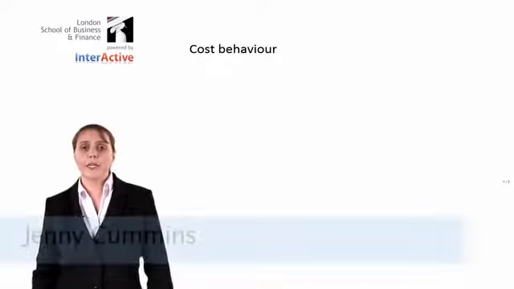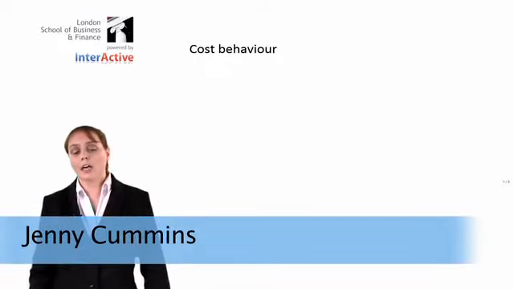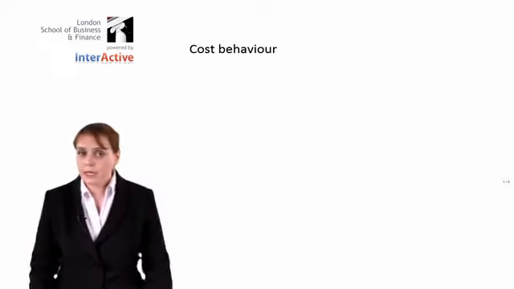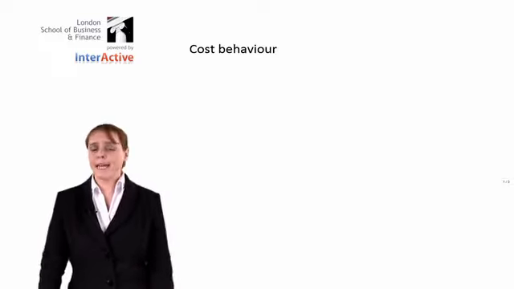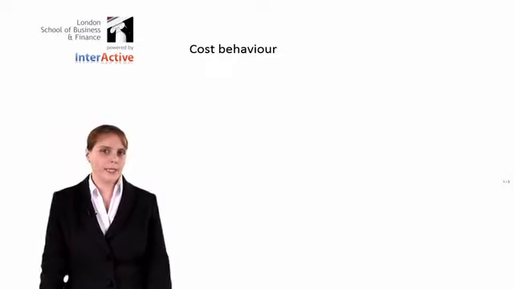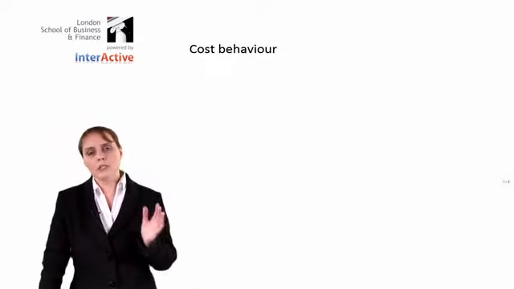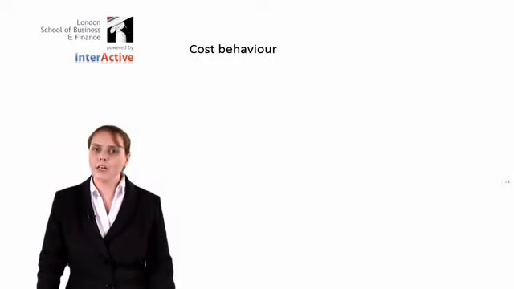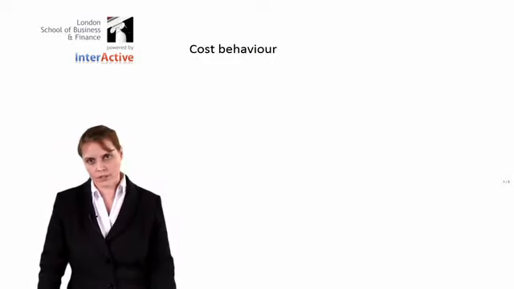In this session, we are going to begin looking at cost behaviour. Now, when we're considering our costs in terms of their behaviour, what we are thinking about is, does this particular cost change when our level of activity changes?